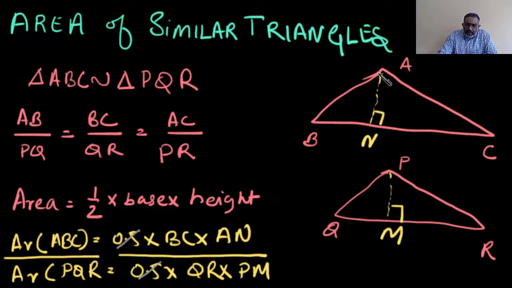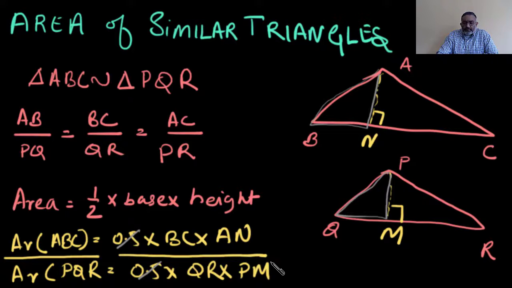So AN by PM. Now we need to think about what to do with these two lines, and we can convert by thinking about these two triangles, this triangle and this triangle. We need to think about that, and then based on that we can figure out how to convert. Now let's think about it.